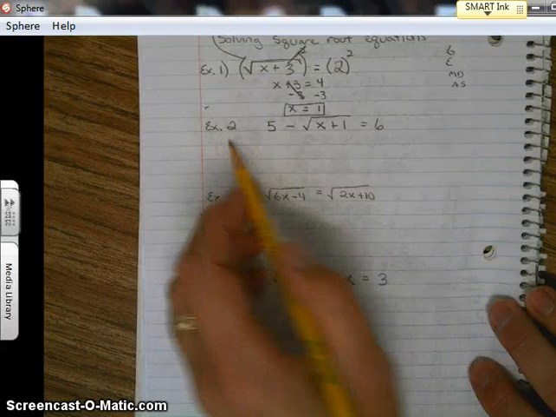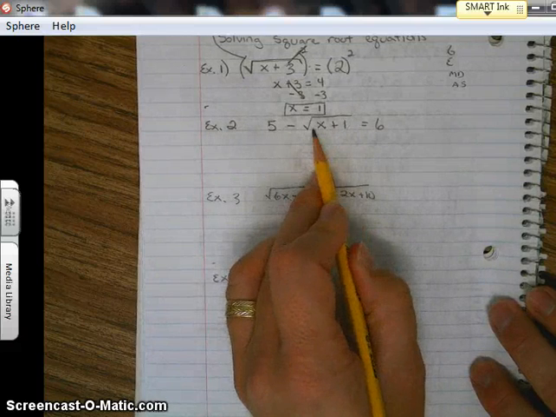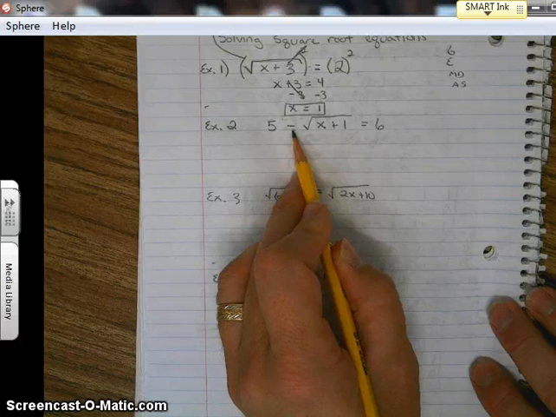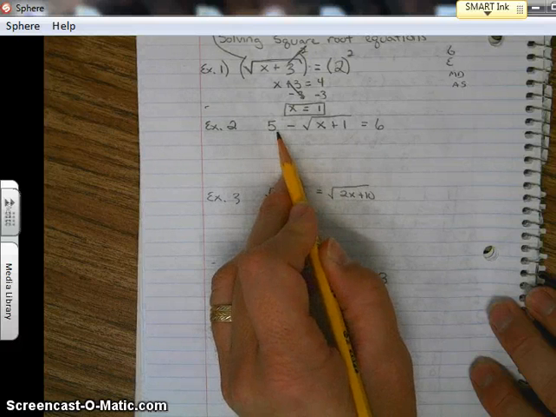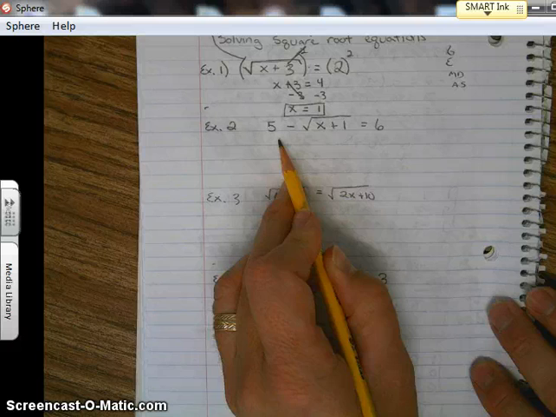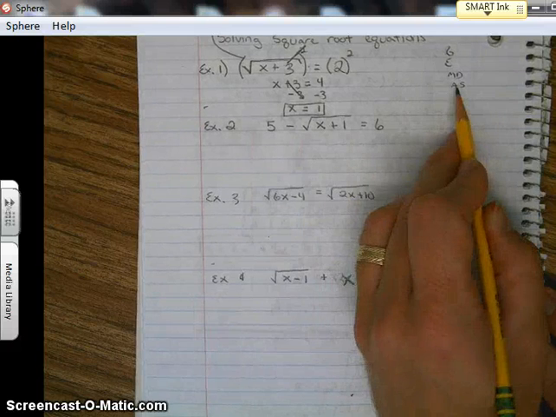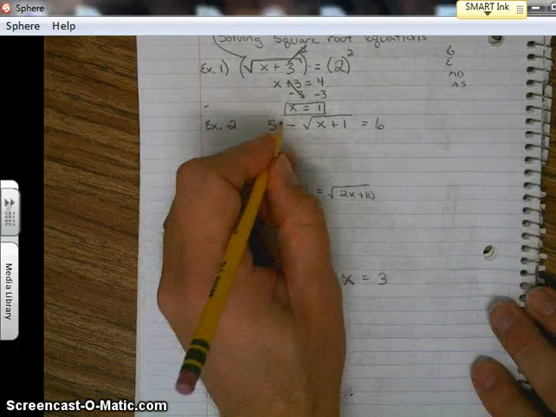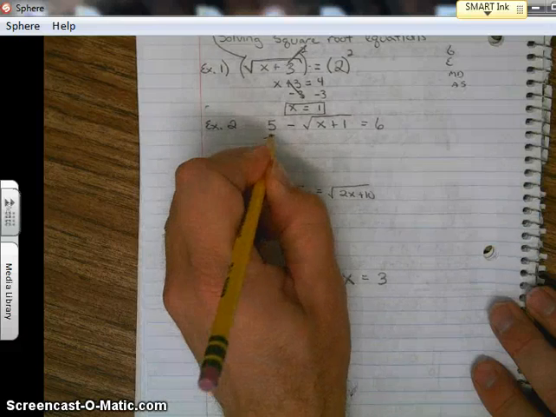Okay, let's take a look at number 2. Notice my radical is not by itself. We have a negative on the front and we have a 5. So we need to get rid of this first. The first thing we do is undo any adding and subtracting. So we're going to get rid of the 5 by subtracting it.